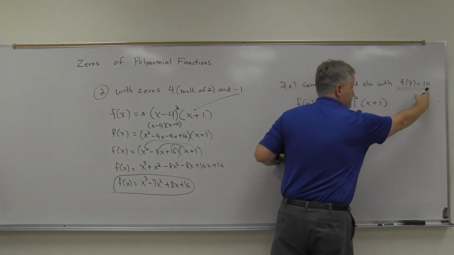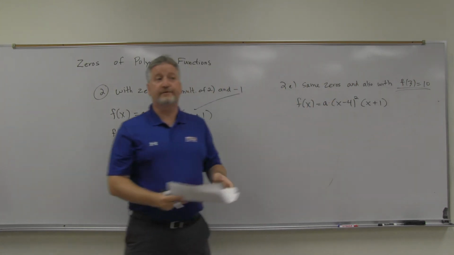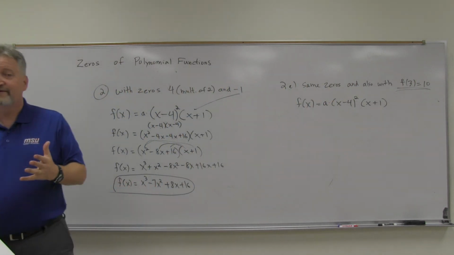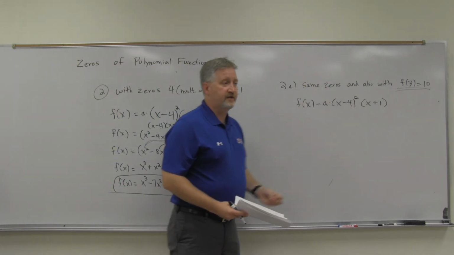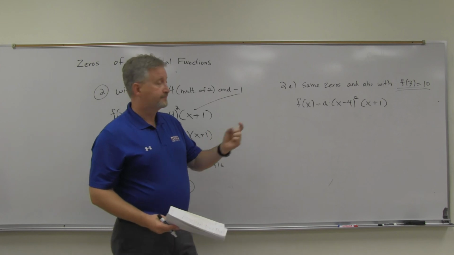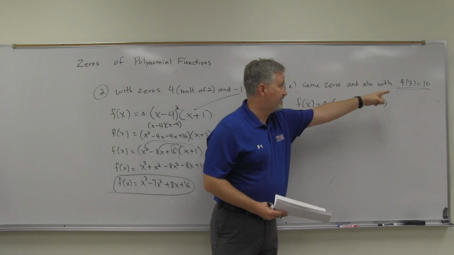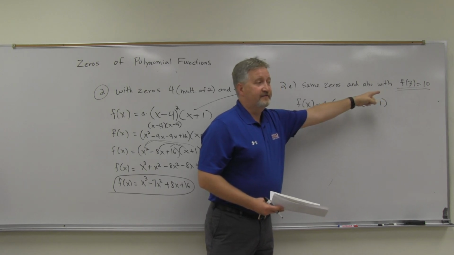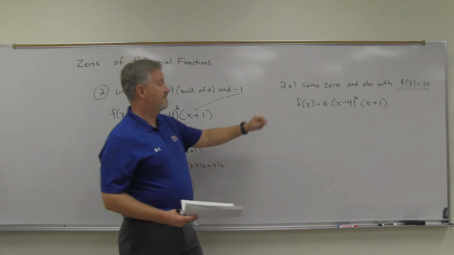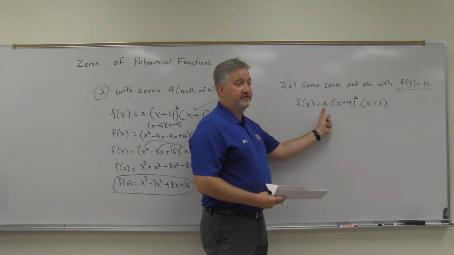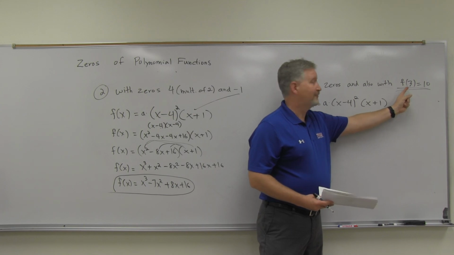But to hit this point, I've got to add an a in front, which we've done a couple of times, right? Same a, like ax squared plus b. I'm going to have to factor in an a here, and I'm going to have to figure out, based on the given information, what a is. Now, how could I figure out what I need the a to be? What does f of 3 equals 10 give me?